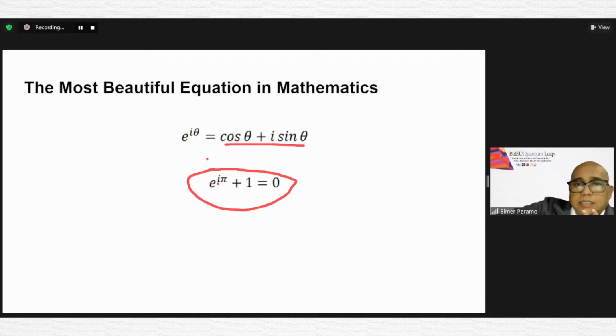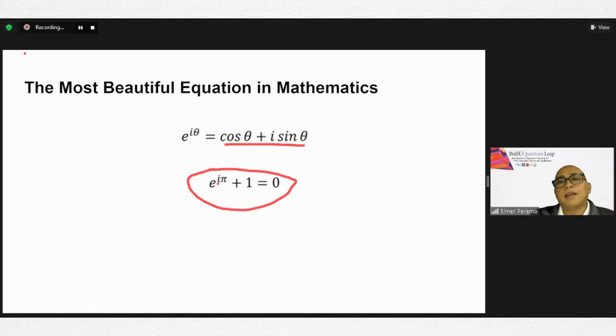How did we derive this? You can find a lot of proofs of Euler's formula, but one of the popular proofs is the Taylor series expansion. If you use the Taylor series expansion of e^x, cosine and sine, and then do a little bit of algebra, since the Taylor series expansion of this is just the summation of something over n factorial.